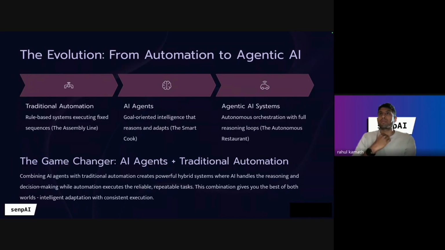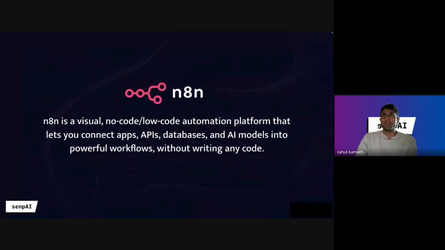Cool. So now that we have covered all this, the game changer right now with all these no-code platforms is using AI agents and traditional automations hand in hand, and that's where N8N comes into play. I'm not sure if everyone has installed N8N. We'll give you 2-3 minutes later on to register on the website.